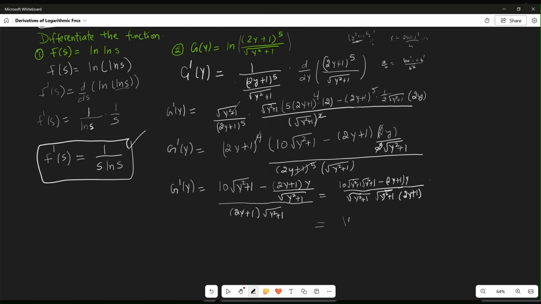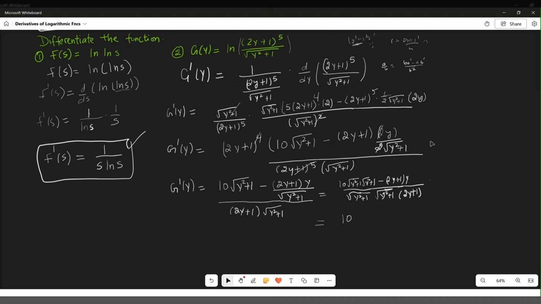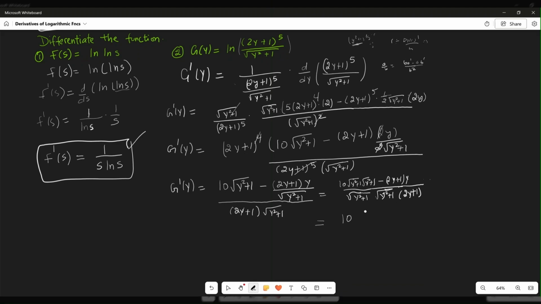So we have 10 y square. But anyways, this is going to cancel down, right? That's why I'm not trying to simplify here. Simply 10. Okay, we have this.